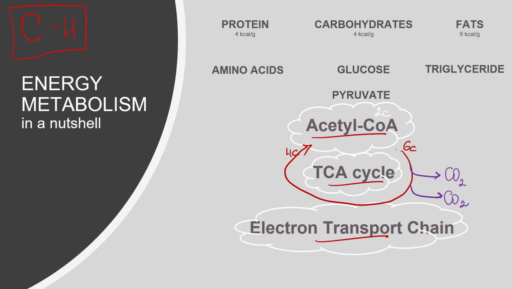If we think about the carbon-hydrogen bonds that we split apart to get the energy, we know what happens to the carbons, but we still have hydrogens left, right? These are actually thrown off in the system via 2 carrier molecules, which are NAD and FAD.